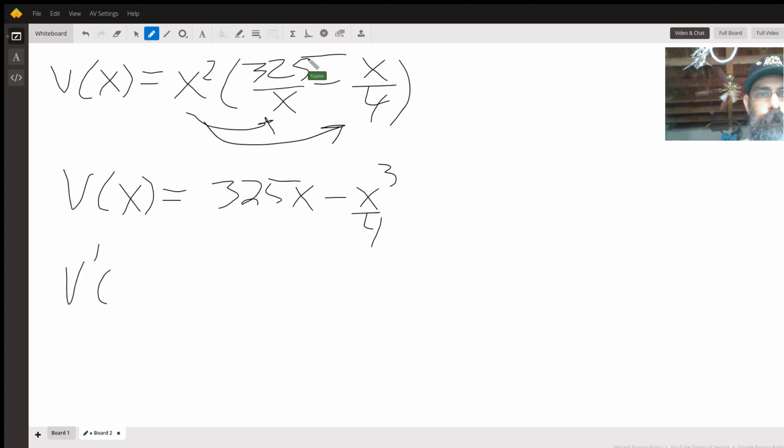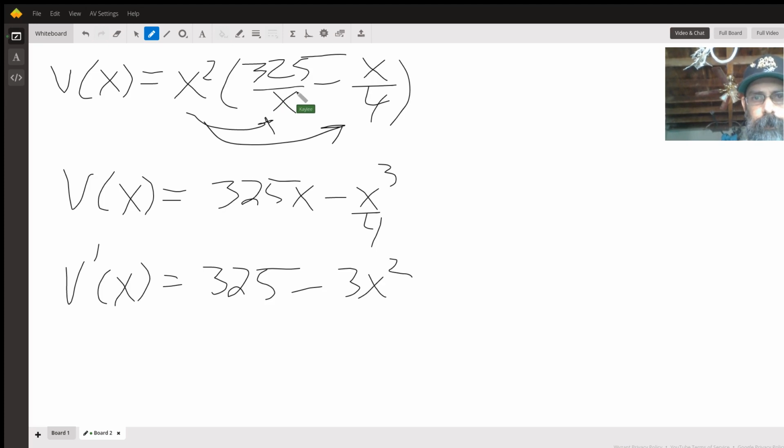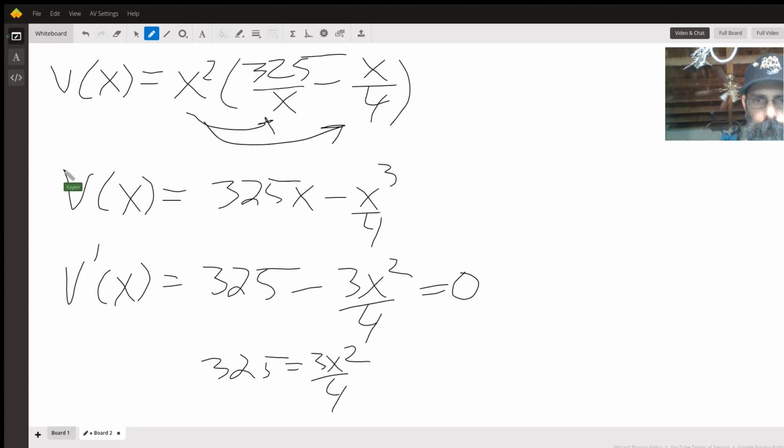So we'll do V prime of x, the first derivative: 325 minus 3x squared over 4. And if you set this equal to 0, looking for that critical point, you'll get basically that 325 equals 3x squared over 4.